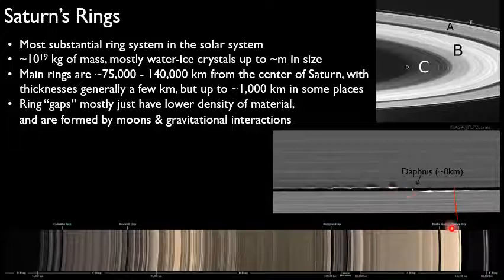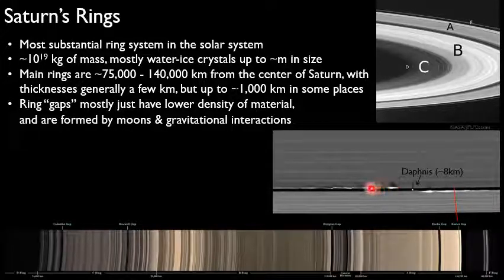And so, for instance, this Keeler gap here, this is caused by this little guy called Daphnis, a relatively tiny moon that you can see there, sort of amazing, cruising through the disk. And the gravitational interactions not only clear a path here, but also cause these neat structures. So we somewhat recently know now that there's also extra vertical height.